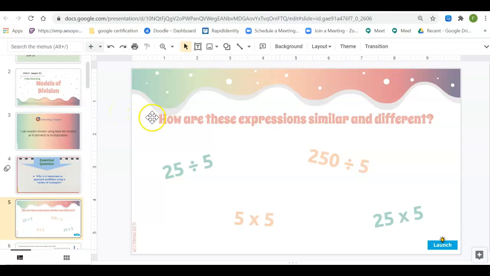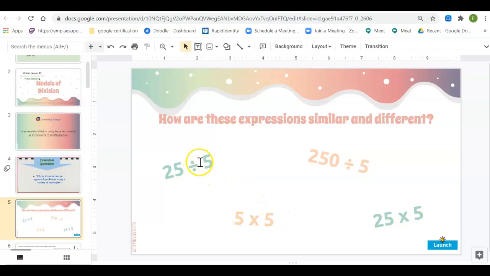So you've had an opportunity to look these over and write down notes answering this question in your notebook. There are a number of different things you could have said about how they are similar and how they are different. You'll see that there are 2 division problems here, 25 divided by 5 and 250 divided by 5, and 2 multiplication problems here.